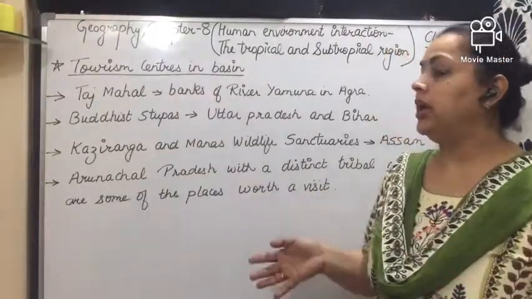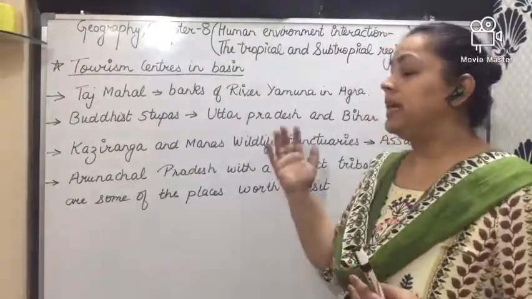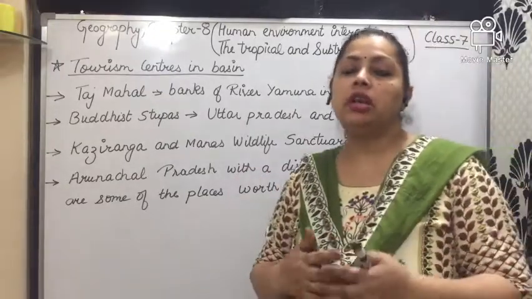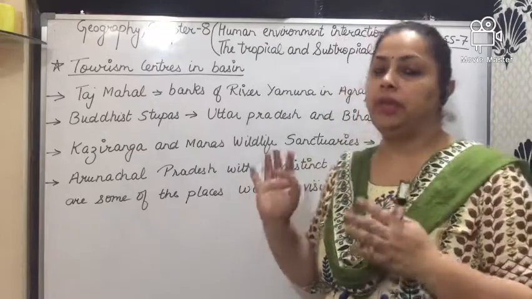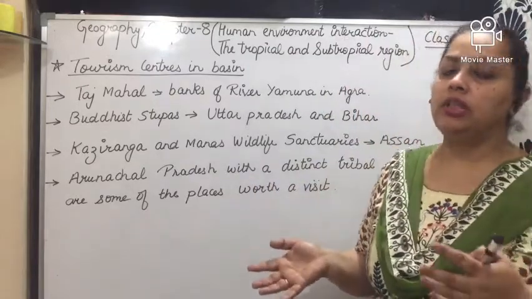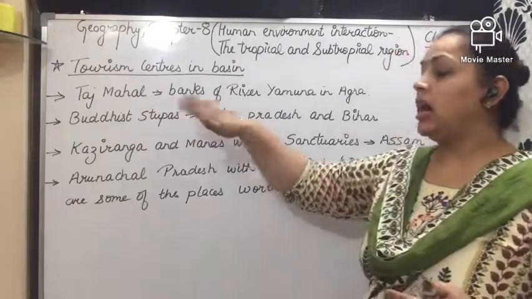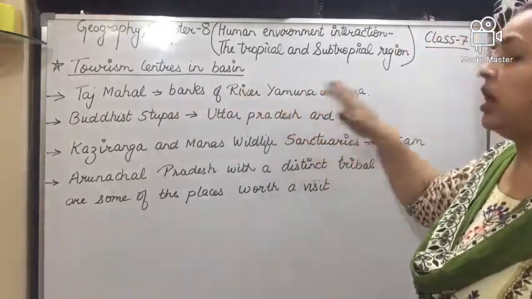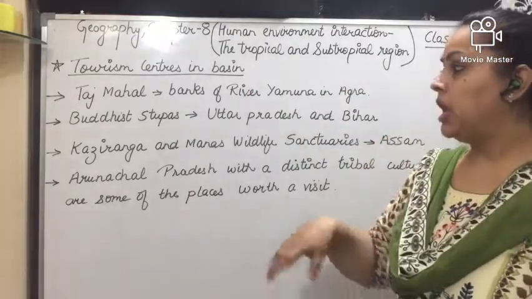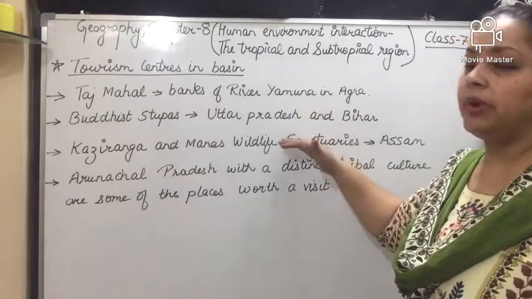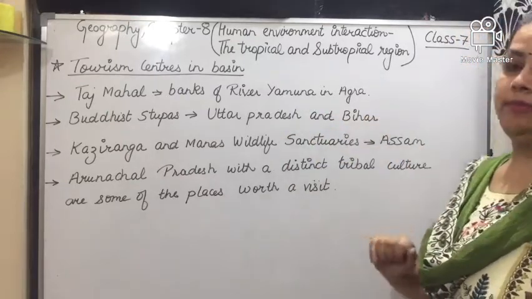Okay, the last topic is tourism centers in the basin. Basically, tourism is another activity of this basin, and some of the important places that people visit are the Taj Mahal, along the banks of the river Yamuna in Agra. Second, Buddhist stupas, found in Uttar Pradesh and Bihar.